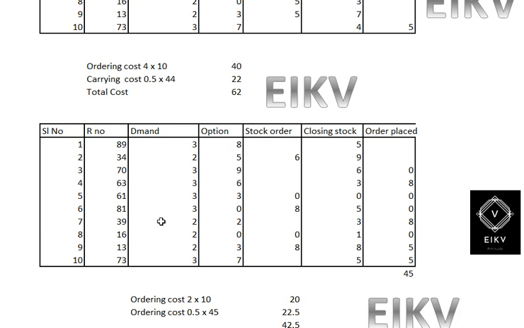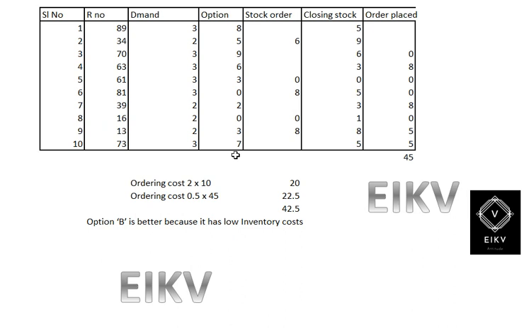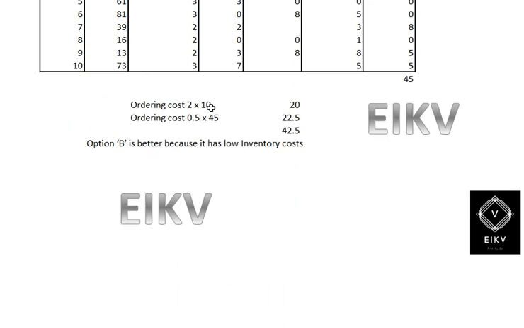And on the 7th day, we have 2 demand and 5 is the opening stock. Therefore 5 minus 2 will give you 3 as the closing stock, and so on. You need to compute the rest of the closing stock.